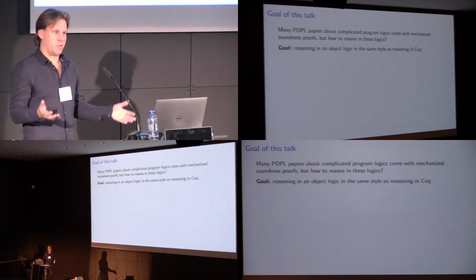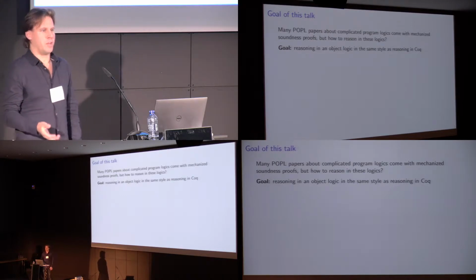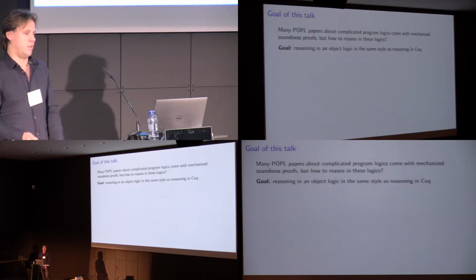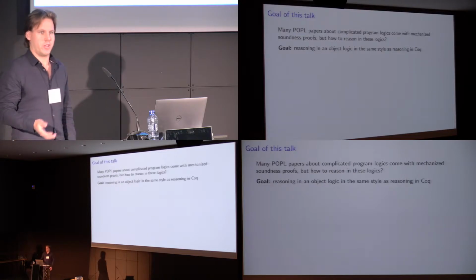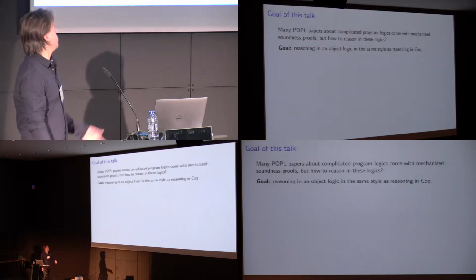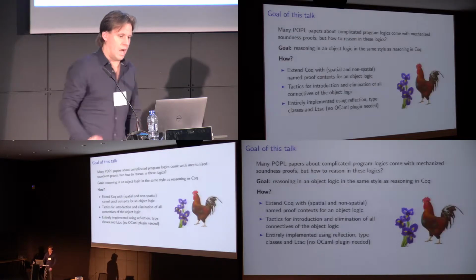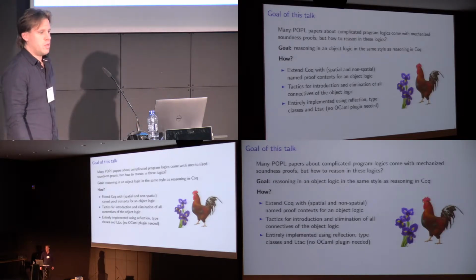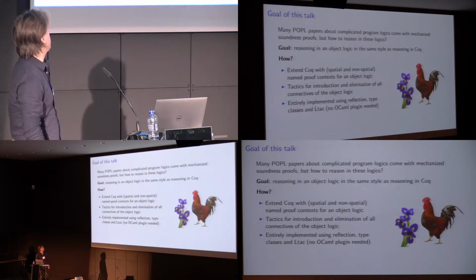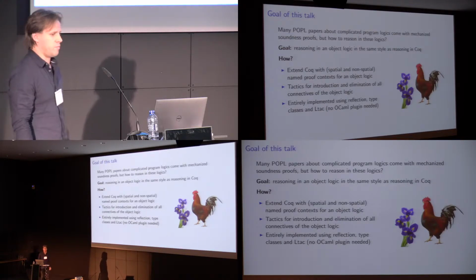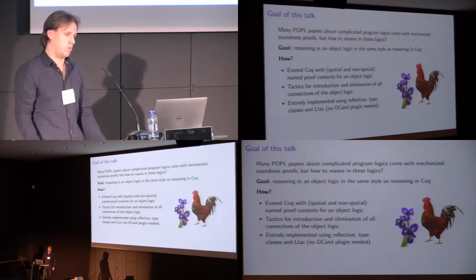Well, I like to work in Coq, so I would like to work in such a logic in the same style as I'm used to working in Coq. And I will show you how to achieve that. I will show you how to extend Coq with spatial and non-spatial named proof contexts for an object logic.